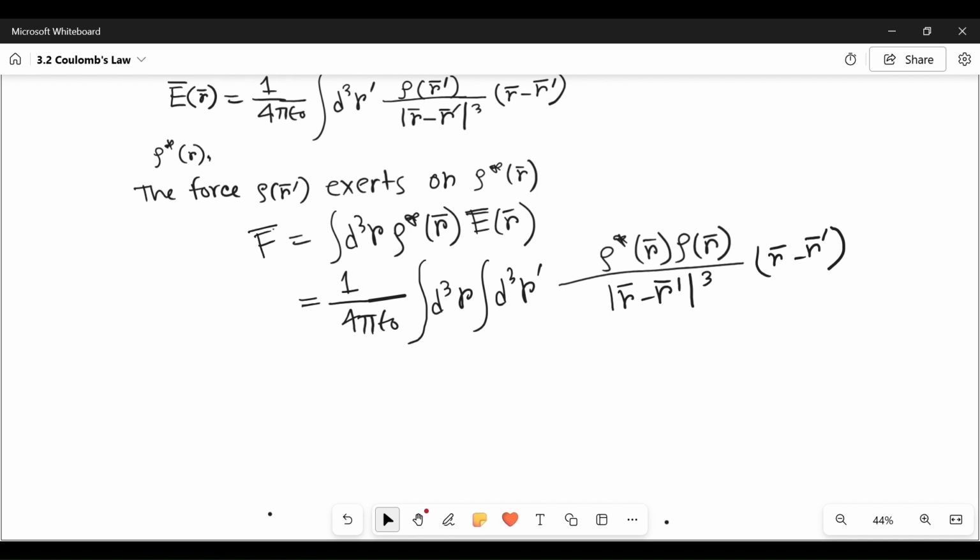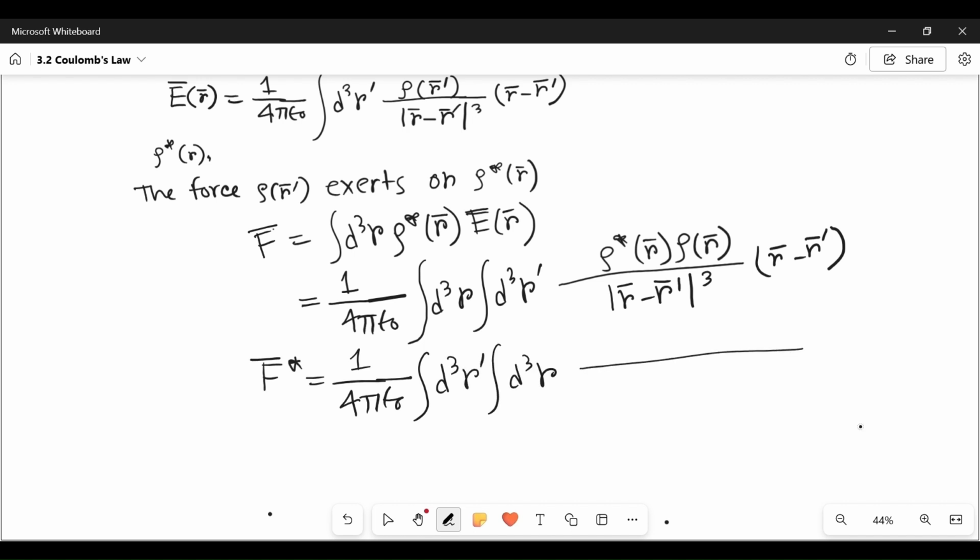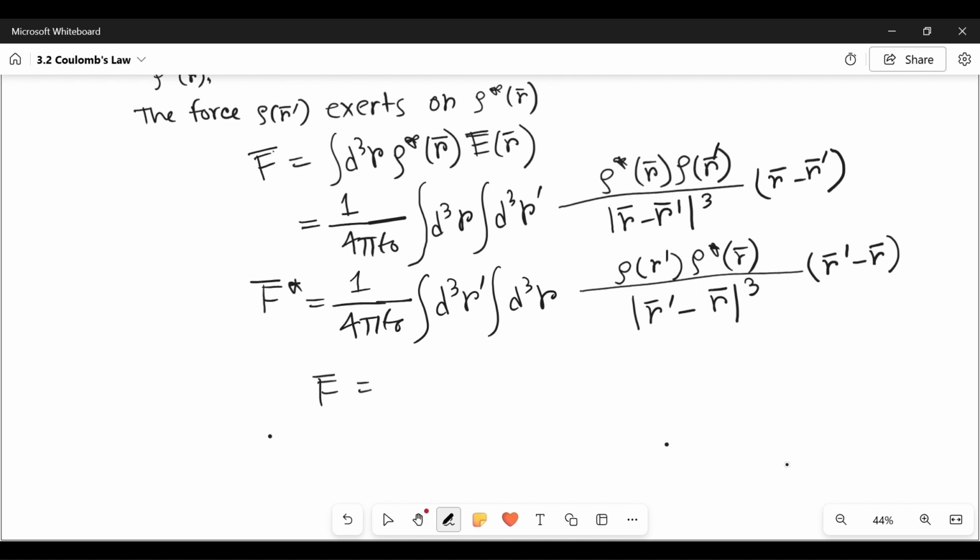Now if I want to write the force exerted by rho star at r on rho at r prime, it will, so we can easily write that F equal to minus F star.